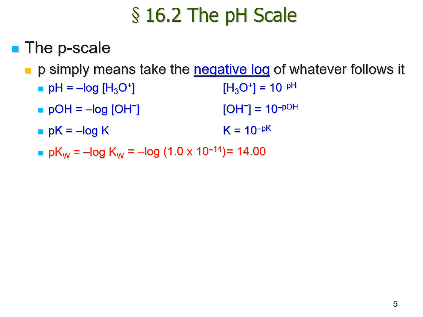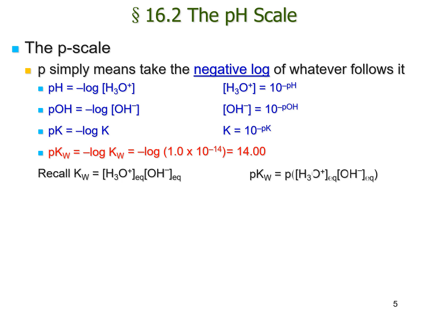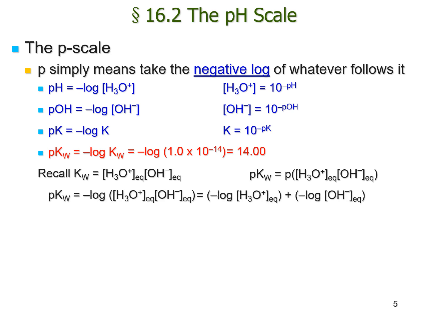But on the other hand, the definition of Kw is the equilibrium concentration of hydronium times that of hydroxide. And what are we going to do here? We're going to P it. So pKw equals P of this product of concentrations. Remember, P is a negative log, right? So if we have a log of a product, that is equal to the sum of the two logs.